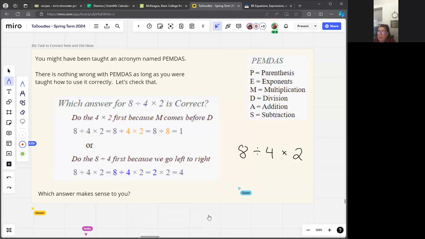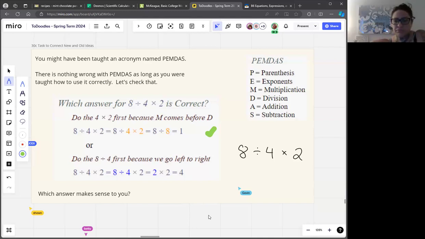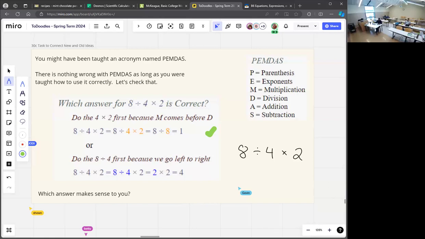Multiplication is first, right? One vote for the top, is that what I hear? Other ideas, other votes?